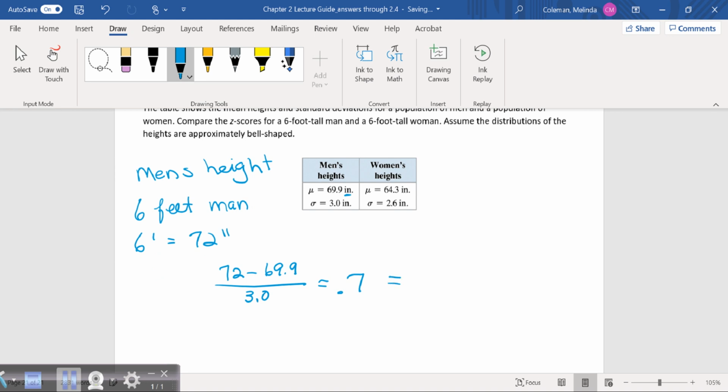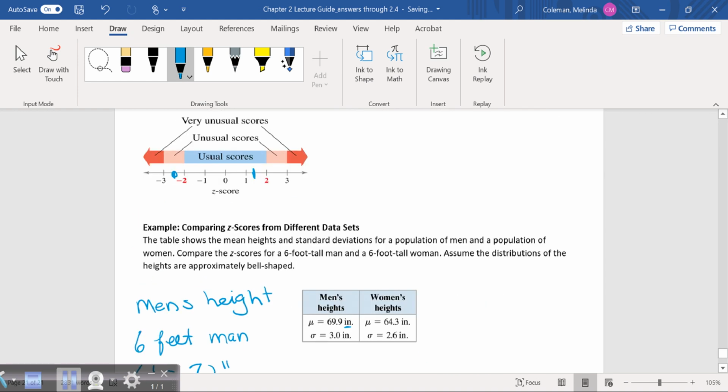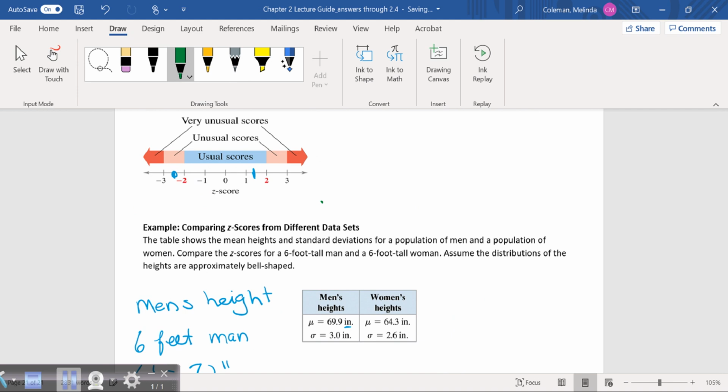So we interpret this then to say 6 feet tall men are within 1 standard deviation of the mean, which then would be a usual height. It's what you would expect it to be. So if we look back at our little chart here, 0.7 would be right about here. And again, that's a usual score.